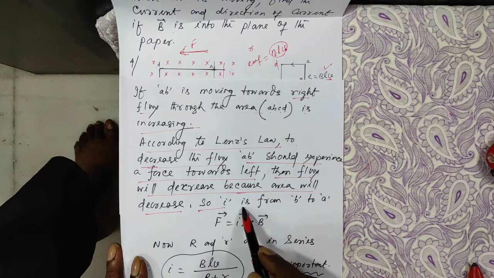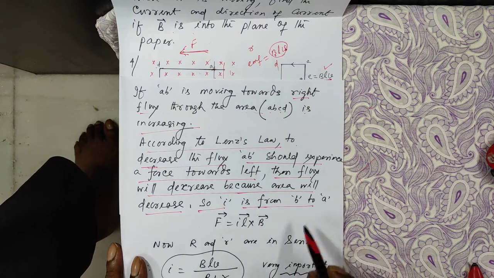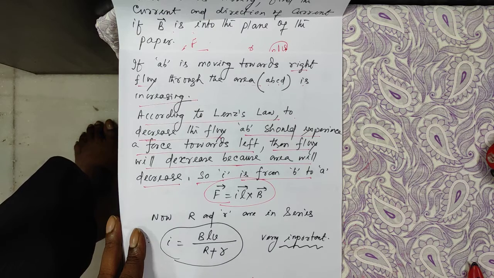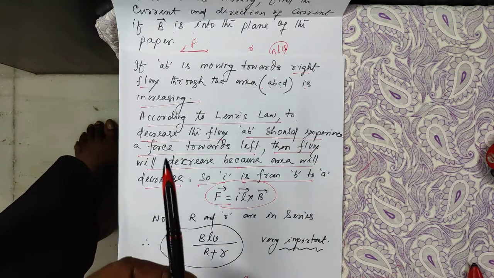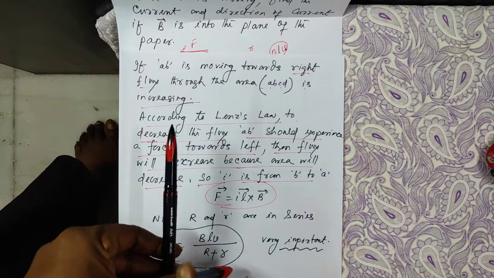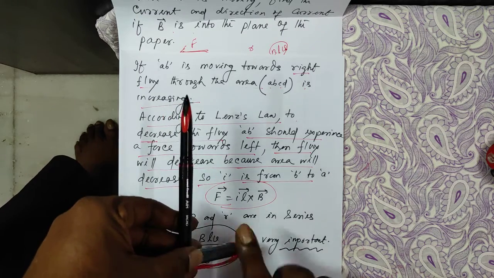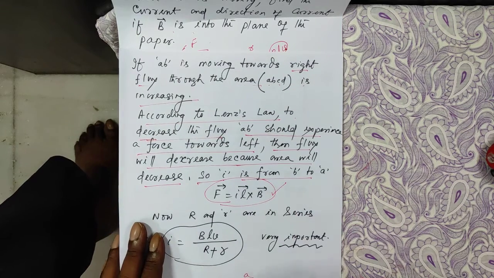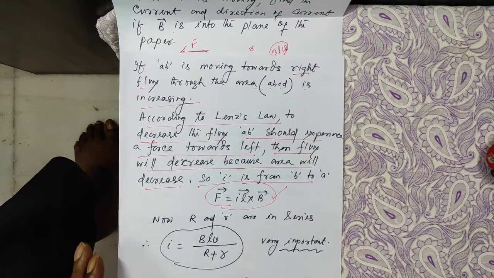So I is from B to A using this expression. If I is to this side, so IL is to this side, and magnetic field is into the plane of the paper. So IL cross B will be towards left. So the current is from B to A.